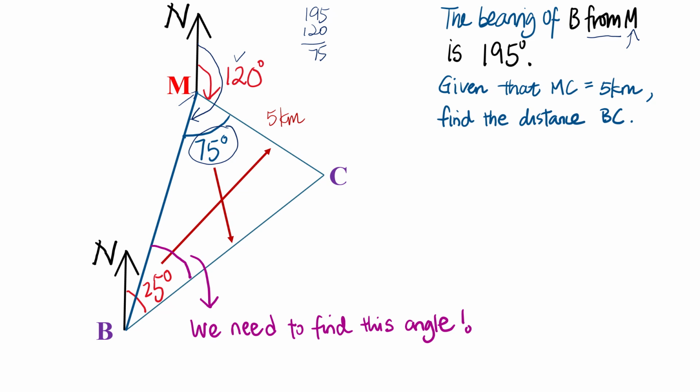So how do we go about finding this angle? Yes, we can find this angle here using angle at a point, taking 360 minus 120 minus 75 to get the angle that's labeled on the diagram, 165.